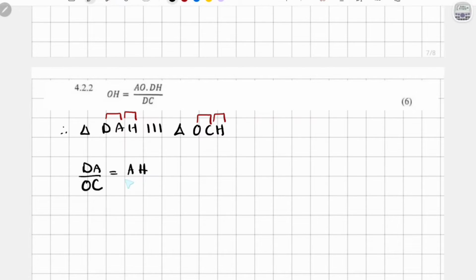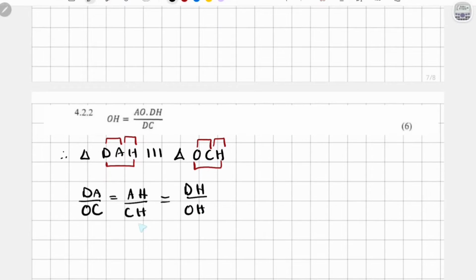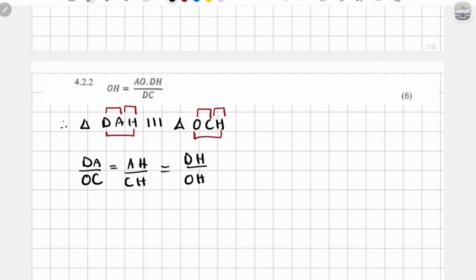And that would be equal to, lastly, the two sides that we have, DH over OH. Now, of course, this is because of similar triangles.